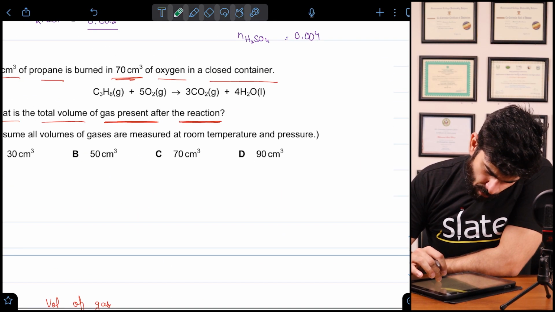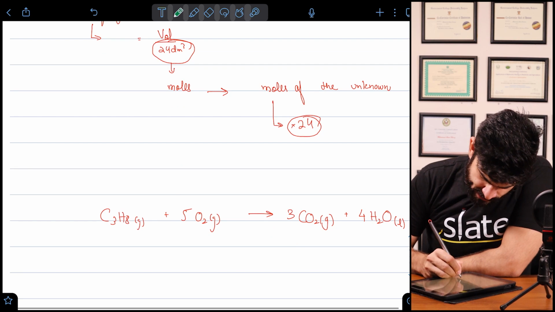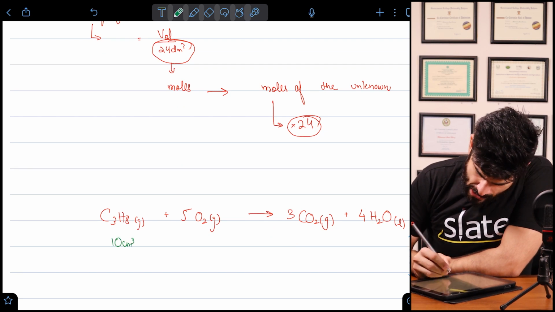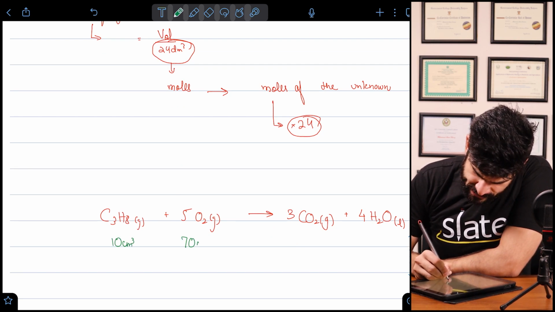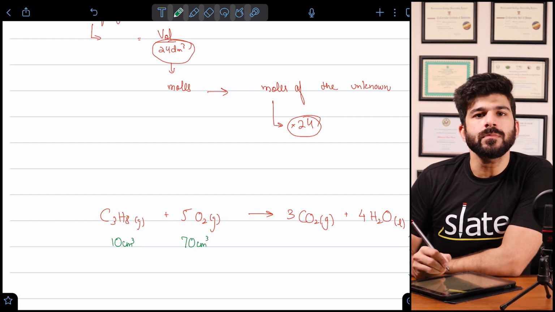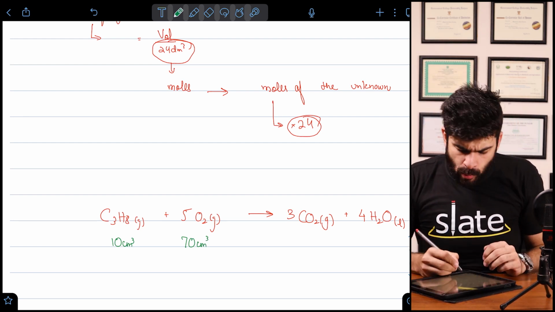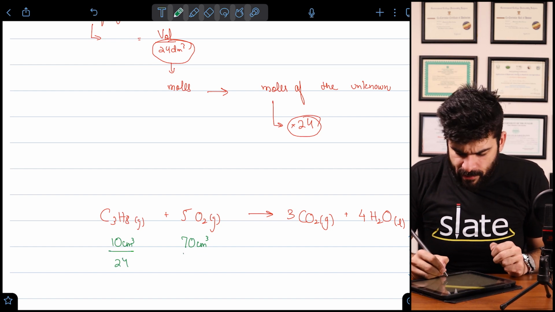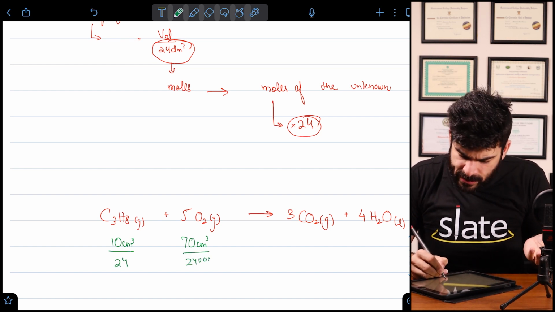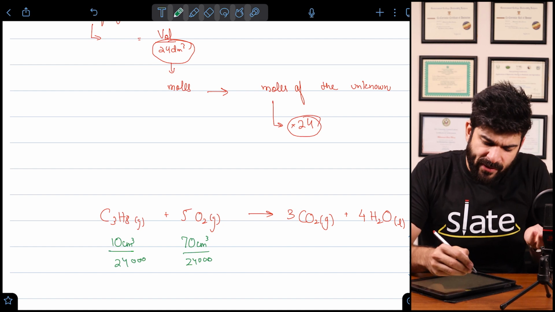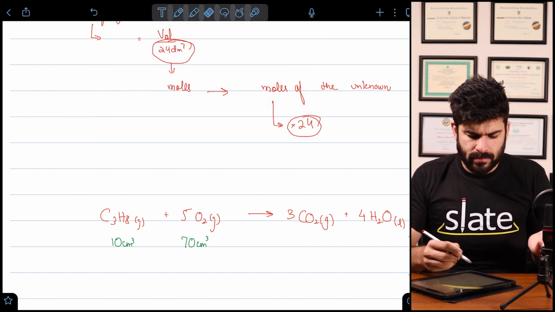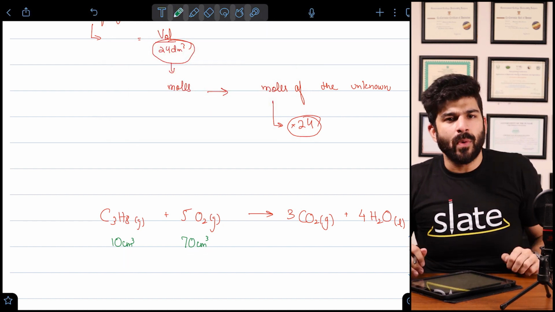What do we have? We have the volume of propane, which is 10 centimeter cube, and we have the volume of oxygen here, which is 70 centimeter cube. If I convert these values to moles, I'll divide by 24,000 because it's in centimeter cube. But since we are dividing both of them, we don't need to do that. We will just compare the two values.